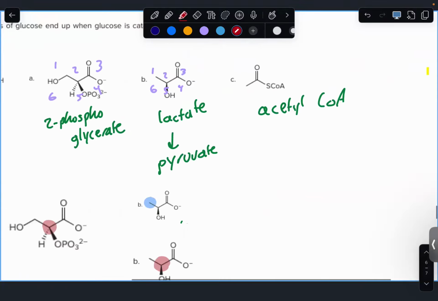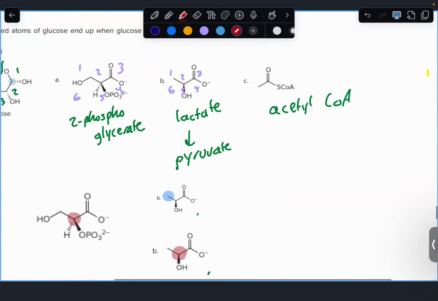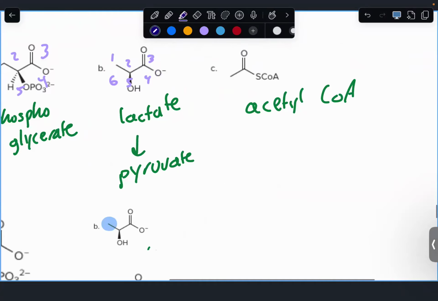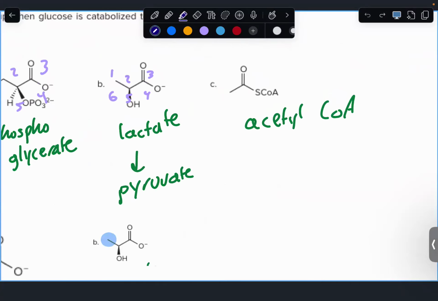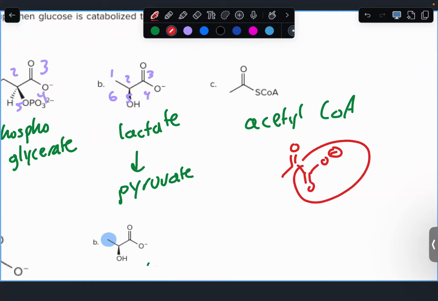Now, this one, acetyl-CoA, is a little tricky because this acetyl-CoA comes directly from pyruvate. Here's pyruvate. What's going to happen there is you're going to end up losing carbon dioxide. So pyruvate, the labeling was the same, so I just did it right here with lactate. So it's 1, 2, 3, 4, 5, 6.